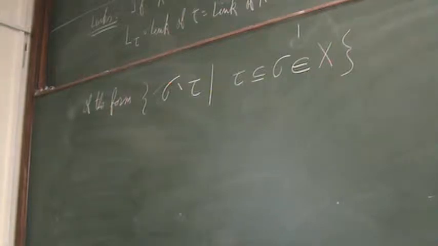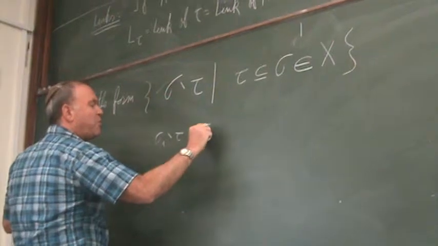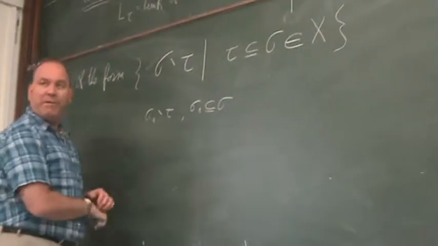Now, in order to justify the name simplicial complex, what we have to check is that if something is in this collection, then every subset of it is in the collection. Assume that you have a set in the collection of the form sigma minus tau, and you have a subset of it. Then it can be thought of as some sigma 1 minus tau, where sigma 1 is inside sigma.